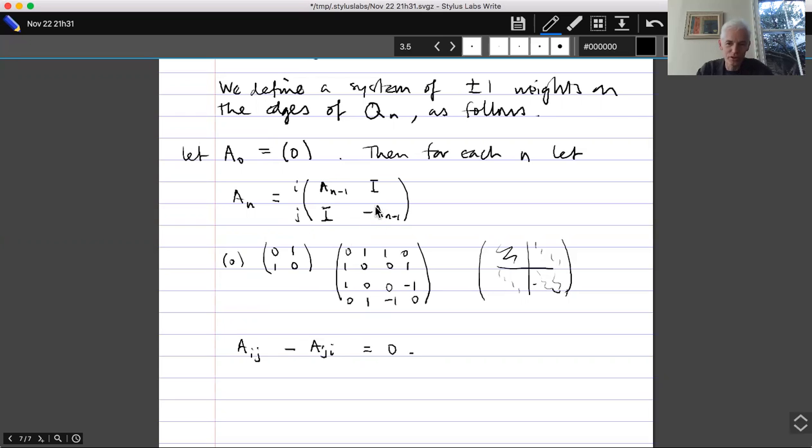So this is symmetric, and we've put the same thing in the top part and the bottom part, top right and bottom left. So a simple inductive argument shows that the rows of AN are orthogonal and AN is symmetric.